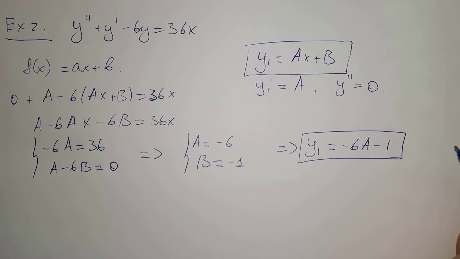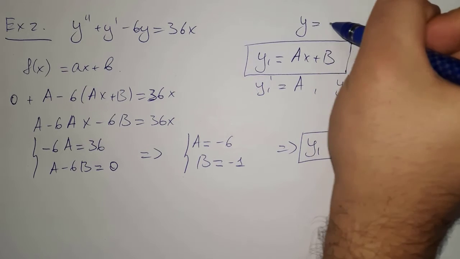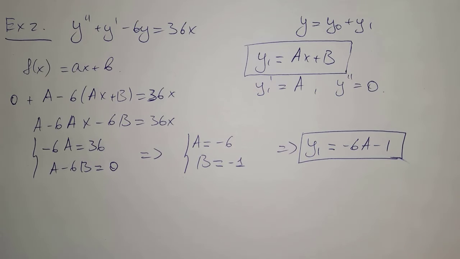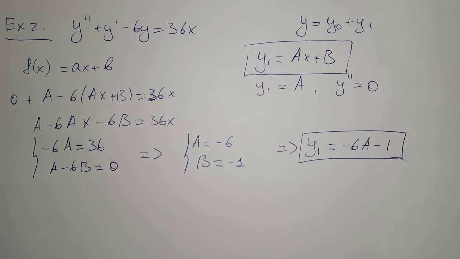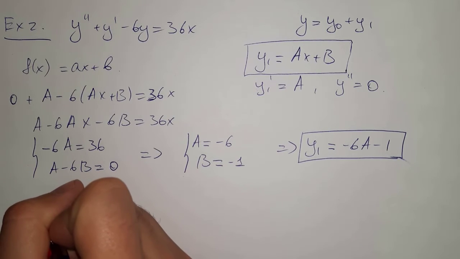Now we need to find the general solution of the homogeneous differential equation, and then we can write our solution as y0 plus y1, where y1 is the particular solution and y0 is the general solution of the homogeneous differential equation. To find the general solution of the homogeneous equation, we need to solve the characteristic equation.